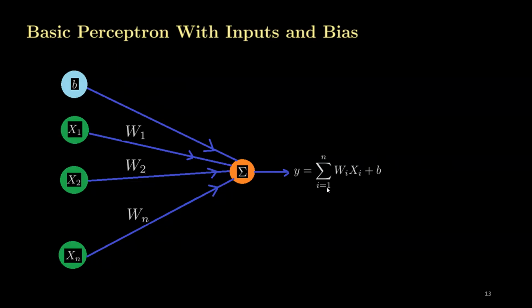If I put i equals 2, I will get W2 X2. If I put i equals 3, I will get W3 X3. Similarly, if I put the last value of i, which is n, I will get Wn Xn. So basically, this y is W1 X1 plus W2 X2 plus W3 X3 and so on, plus b. And this is the compact form of the equation. So this is the general representation of the basic perceptron.